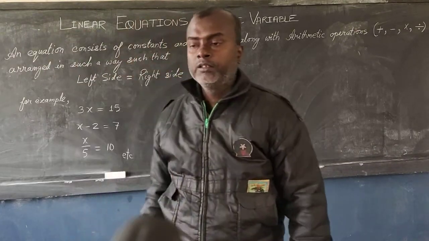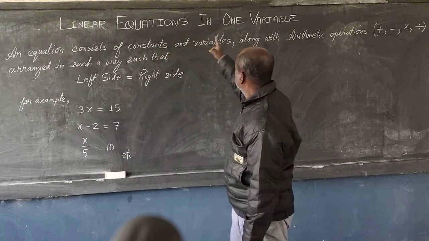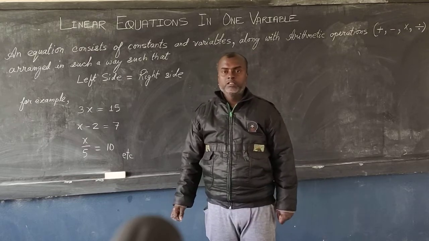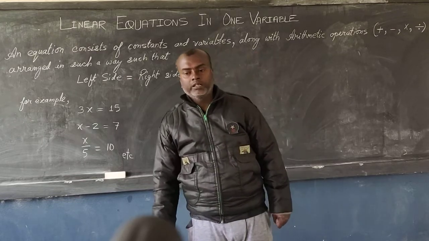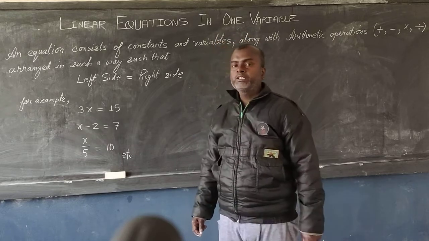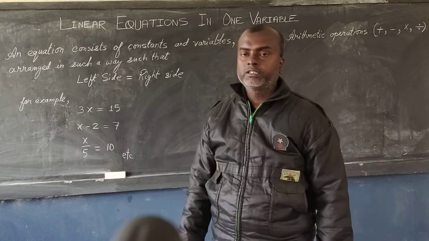Hello there again. Today we are going to study in mathematics linear equations in one variable. Now we have already learned what are constants and what are variables in algebra. Terms which have fixed values are called constants.